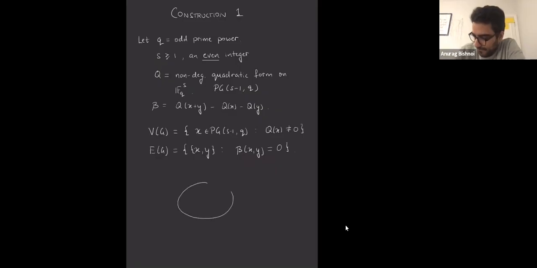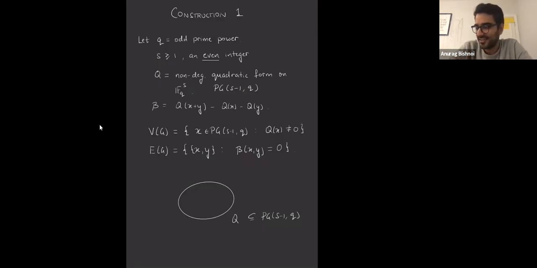You have this quadric Q, which is a subset of the projective space over F_q. And when we were looking at polar spaces, the graphs that we were looking at, does the vertex have another name? Yeah, exactly.